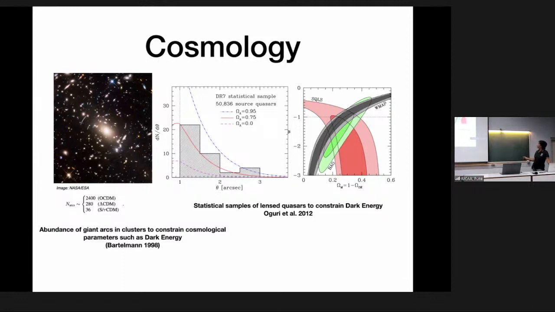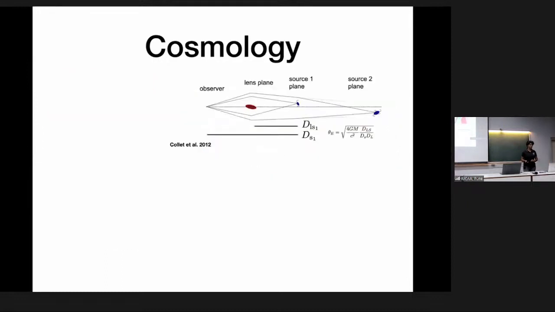So similarly, this I think is just the same result, where we show simultaneous constraints on the dark energy equation of state w and the omega matter, and that's shown in the red, which is also then compared with other cosmological probes.